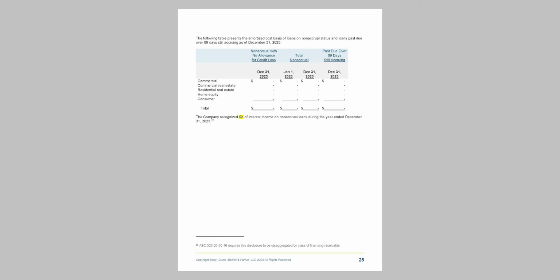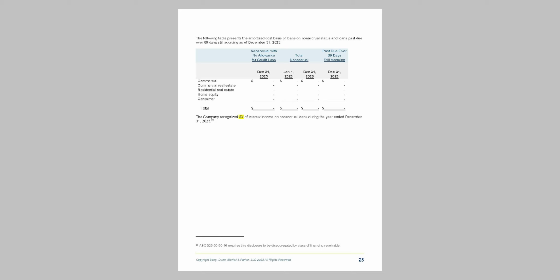You're still required to disclose non-accruals. However, now you must further disaggregate non-accrual loans by those non-accrual loans that have no allowance for credit loss. And again, this is going to be by portfolio segment. And then also another unique disclosure requirement is that you have to disclose non-accrual loans at the beginning of the period as well as the end.